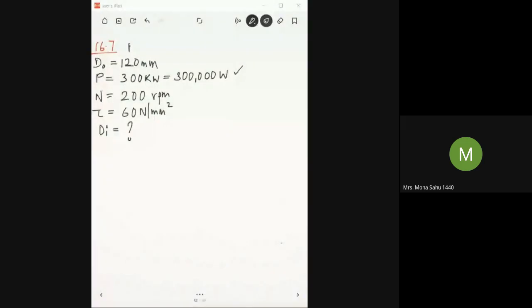All right. I suppose all of you must have already written it down. Okay, so we need to calculate what is internal diameter. All right, so we have converted P in watts. So the formula that we had used, this is a simple formula that you guys already know, P equal to 2 pi N T by 60.